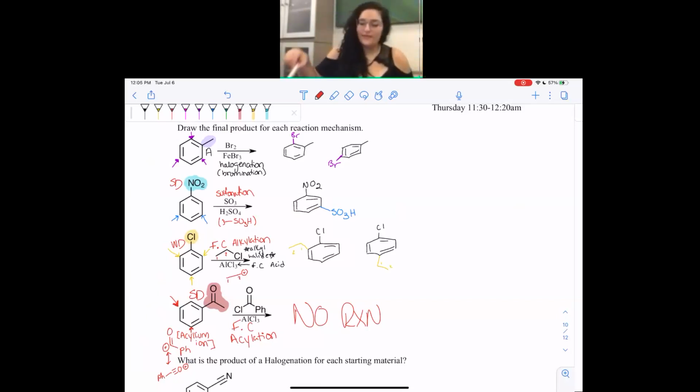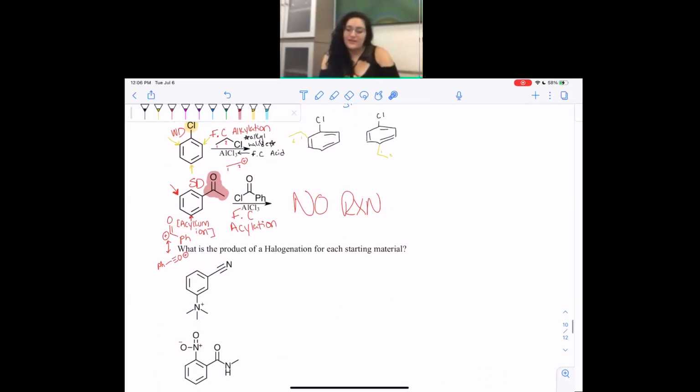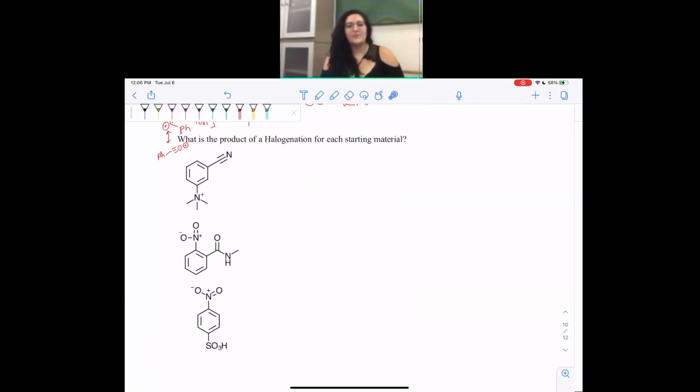So having one thing already present on the ring and then doing another reaction. So you guys are at level 2, you did it, we're good. The next step is multiple substitutions, such as this. So what happens when we have multiple things already on the ring? That's going to be like level 3. That's the hardest part of this chapter, and we're about to start that. If you have any questions on the first 2 levels, pretty please let me know now.